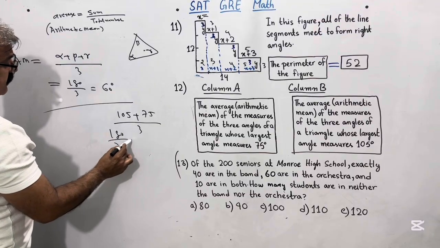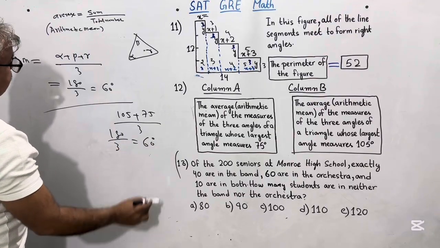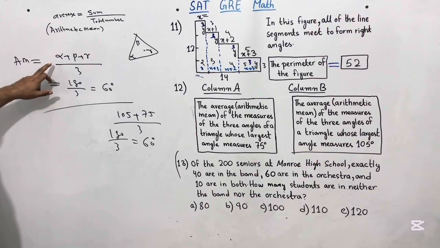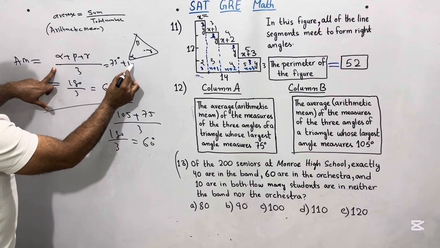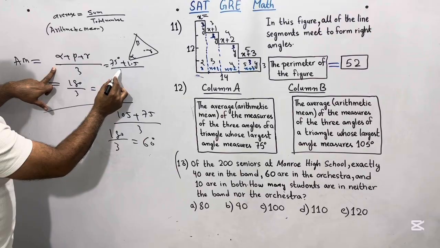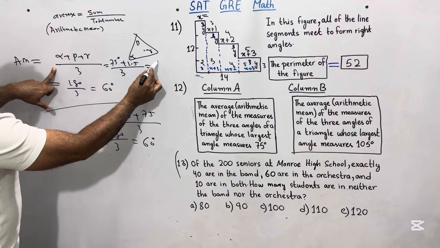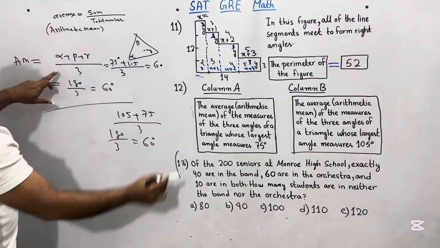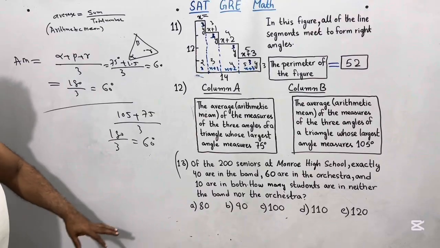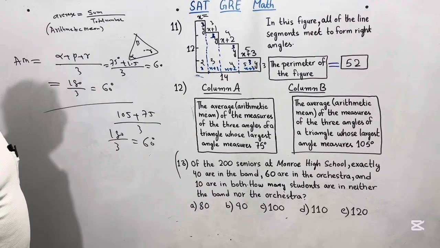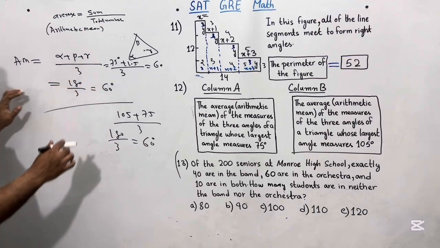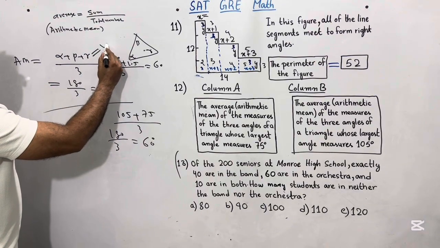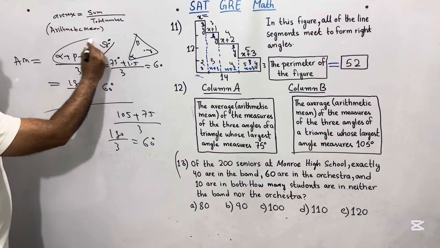Again we arrive at the same result, 60. In that case, where the greatest angle is 75, the remaining two add up to 105, divided by 3. It's also 60. Whatever the measures of the angles of the triangles are, they have this boundary: the sum of all angles of a triangle is equal to 180.